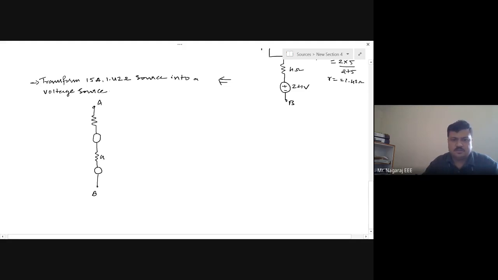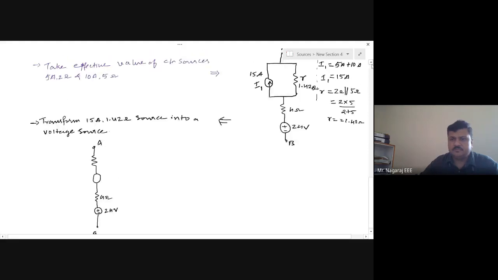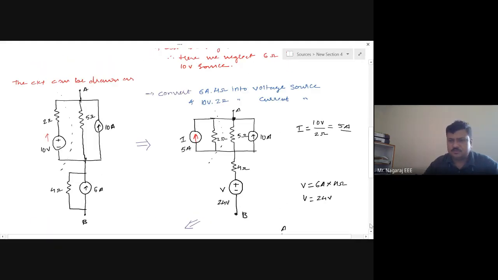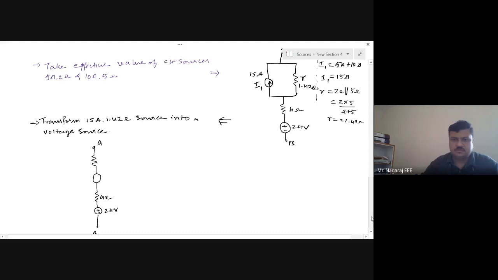So this I have as it is, 4 ohms and 24 volts. Now I will take this resistance, 1.42 ohms, as it is. Now I have to take this voltage as, let me take this as V1.